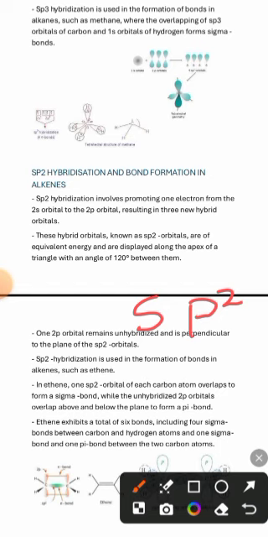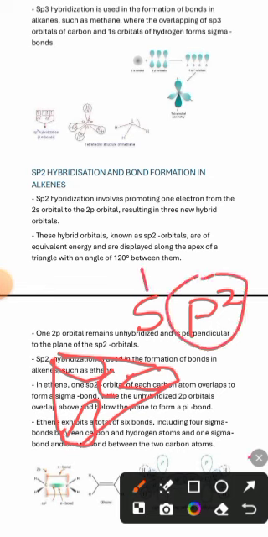They are displayed along the apex of a triangle with an angle of 120 degrees between them. So they are typically represented like this, something like this. This is a carbon atom. So we can see somehow like a triangle structure here. So this is the sp2 orbital, the mixing of one s orbital and two p orbitals.